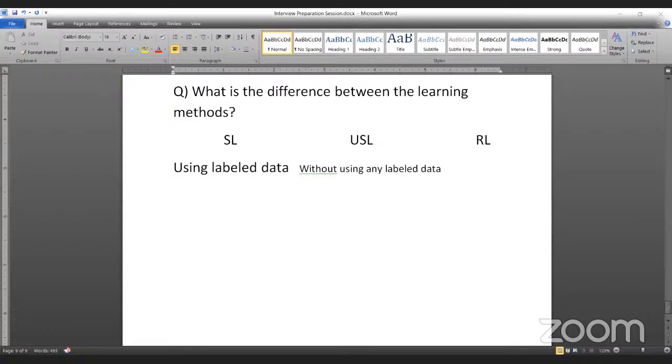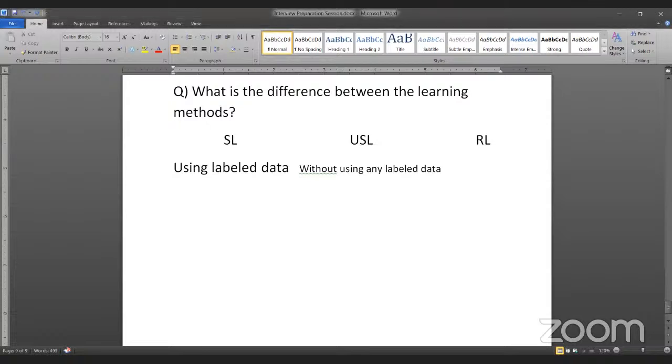Otherwise, if he doesn't take the right path, he will be punished. So that is known as reinforcement learning. You can say a learner interacts with the environment.